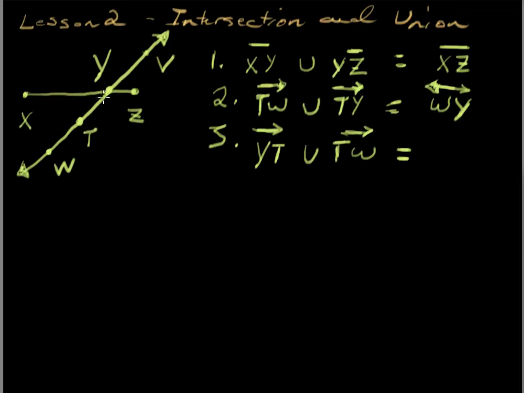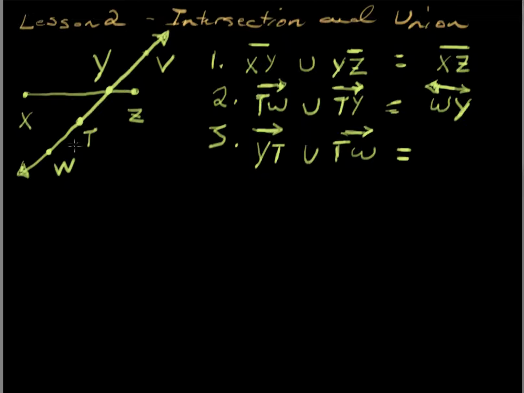If we go over here, ray YT is here, there's Y, there's T. The ray starts at Y as the origin and goes to infinity. So that is your ray right there. This entire line goes out to infinity. It doesn't stop there. And ray YT goes out to infinity as well.